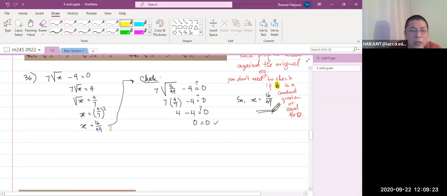Like in this case, this is already a positive constant, then whatever the result, that will be true. You don't need to check. You still can check, but you don't need to.